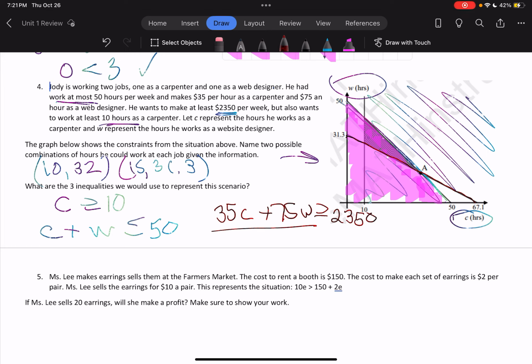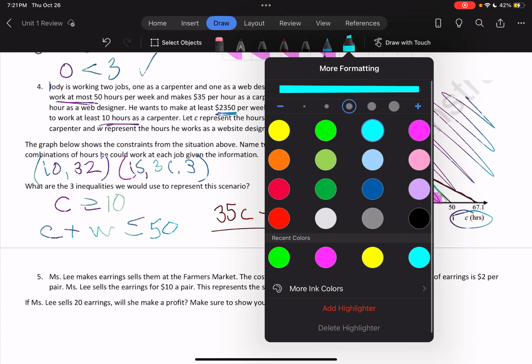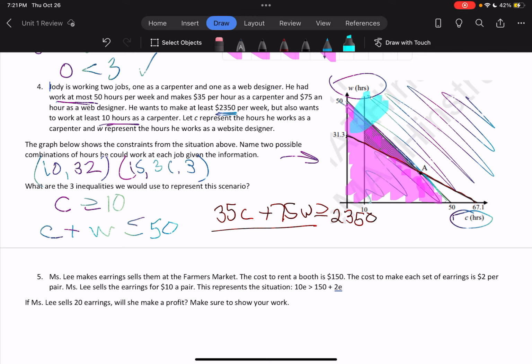This is greater than or equal to, and so 0, 0 would not be greater than or equal to, which means the other side of the line is what we're going to shade. So then for this one, we're going to shade this side of the line. So now you can see that where the overlap is where they shaded for us, right? But those are the three inequalities that we are looking at in this scenario.